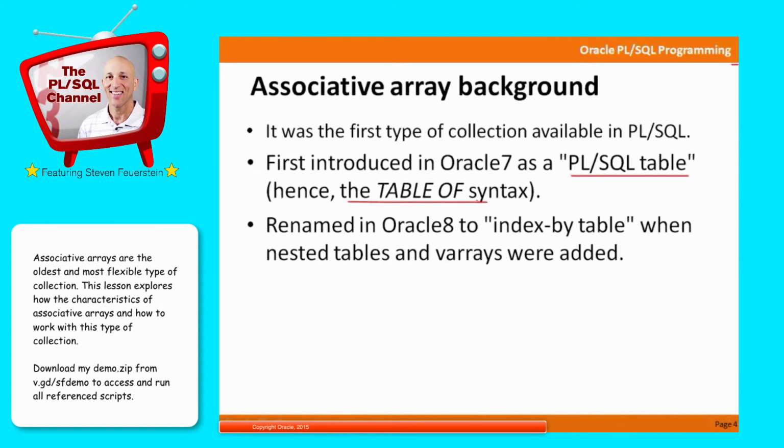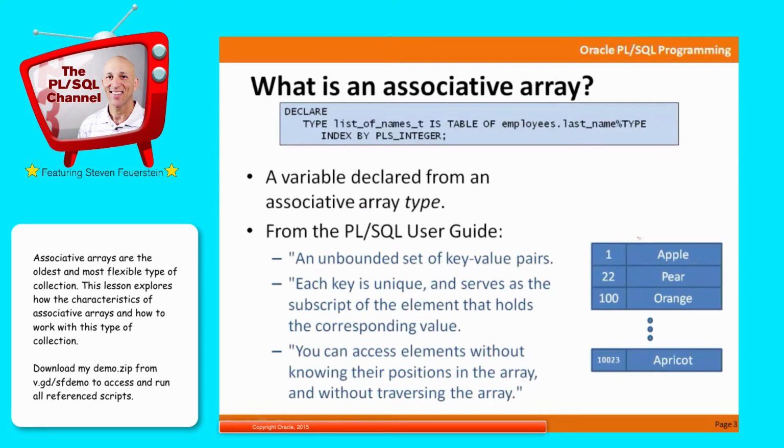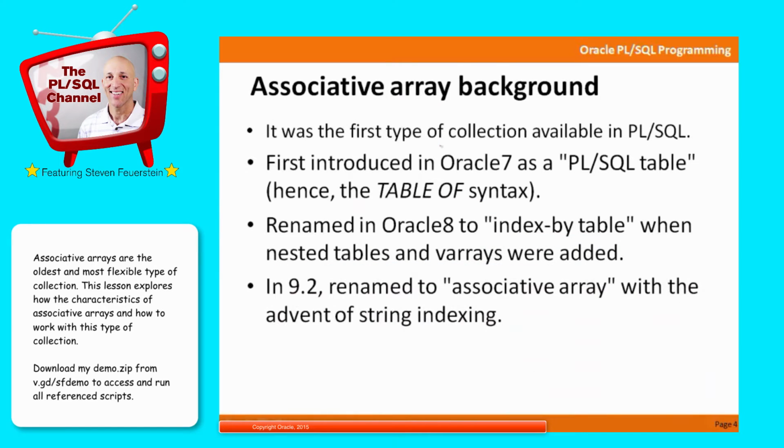Then in Oracle 8, when Oracle added nested tables and VARRAYs, other types of collections which I'll be talking about in separate lessons, Oracle changed the name to INDEX BY table because the distinguishing characteristic is the INDEX BY clause of an associative array. And then in Oracle 9i, Oracle renamed them to associative arrays with the advent of string indexing.